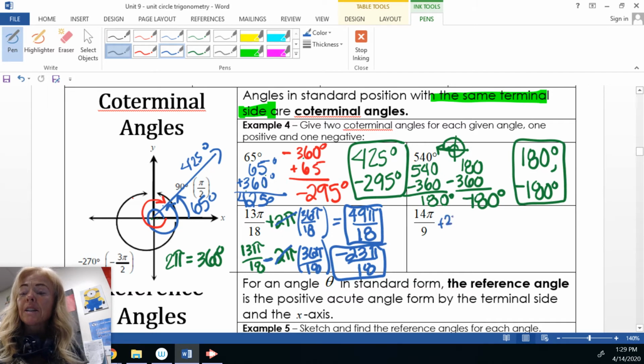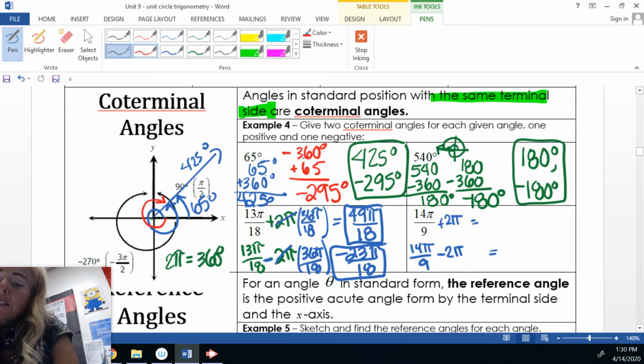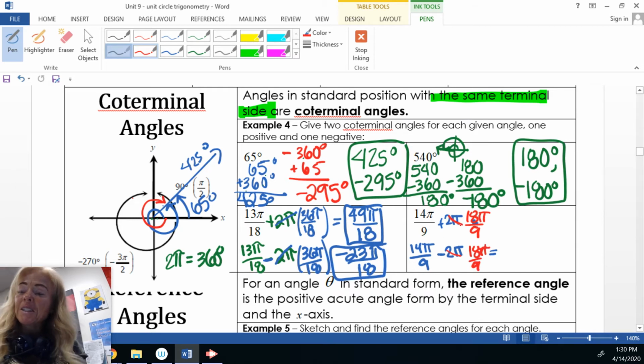All right, we're going to do the same thing. We're going to add 2 pi and subtract 2 pi in order to come up with our two coterminal angles. Now, I have to subtract and add 2 pi with an equivalent fraction out of 9. So we're going to multiply by 9 over 9, and we get 18 pi over 9, because that's the equivalent fraction for 2 pi in ninths.